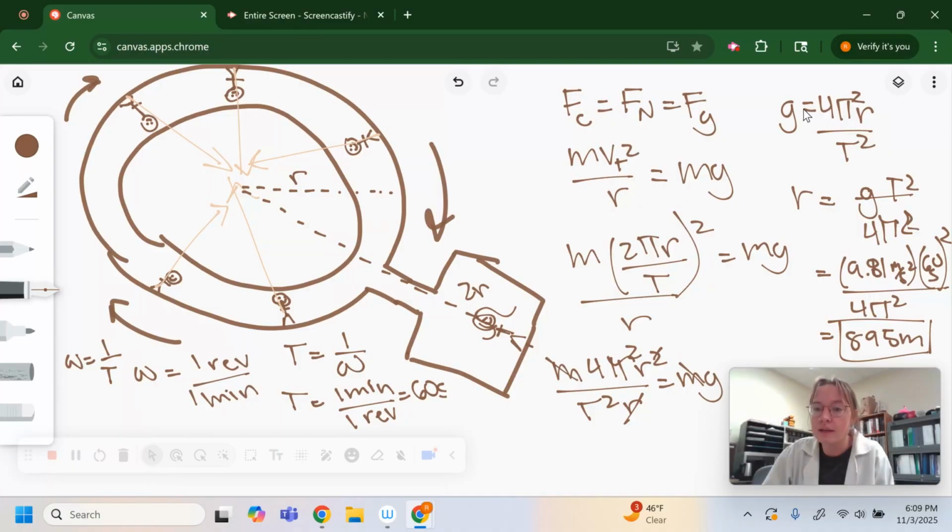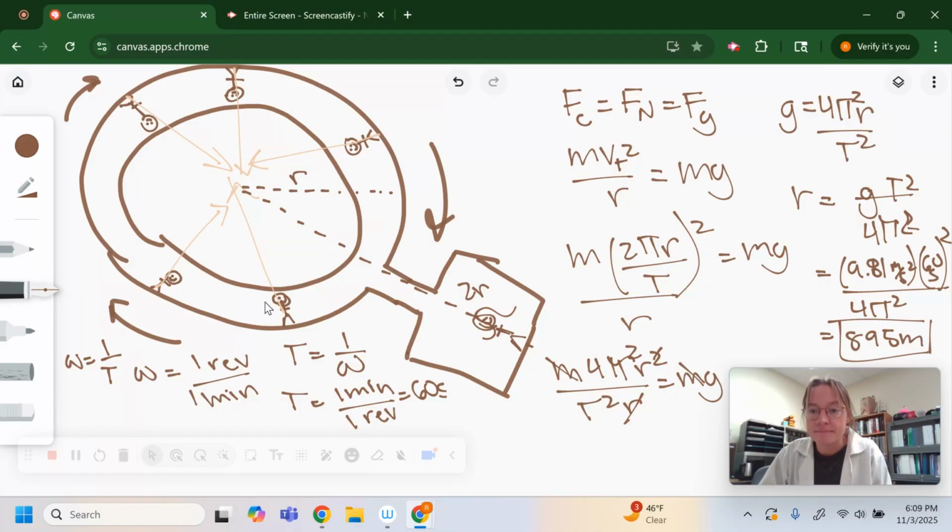When we go down to g, you'll see that g is equal to 4 pi squared times r over T squared, which means if she doubles the radius, she'll double the value of g that she experiences and feels. So she would say she feels twice as heavy out here as everybody else in the rotating space colony.